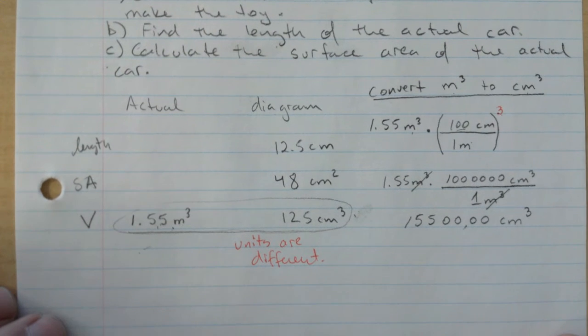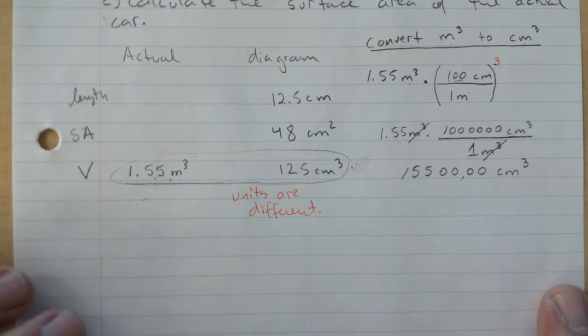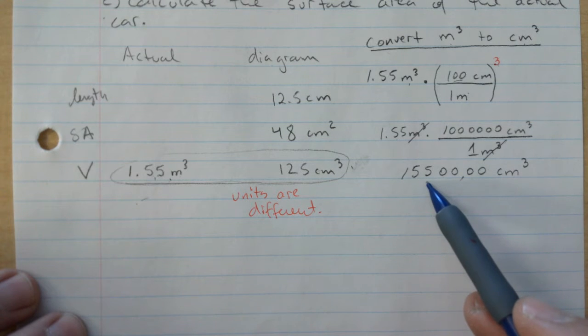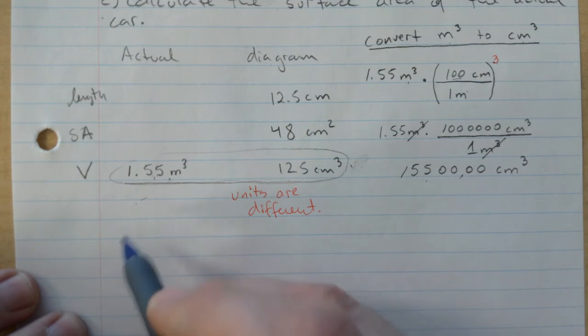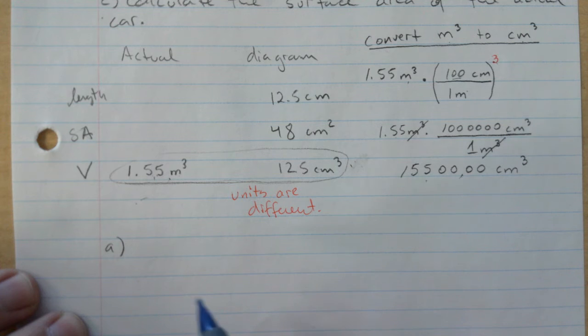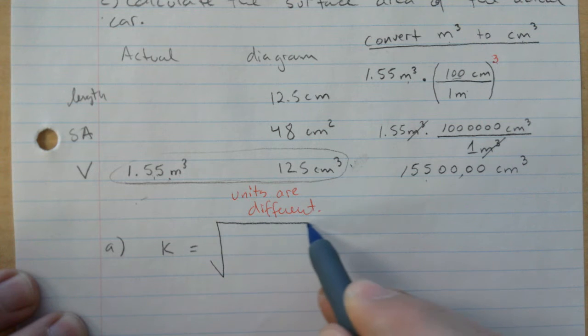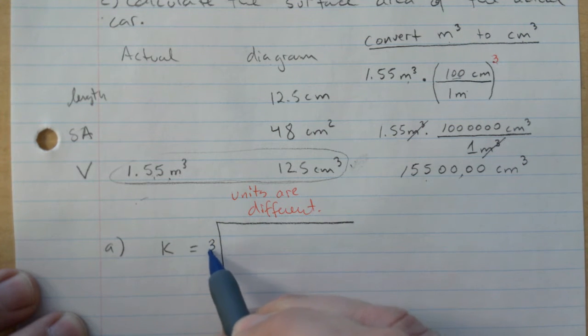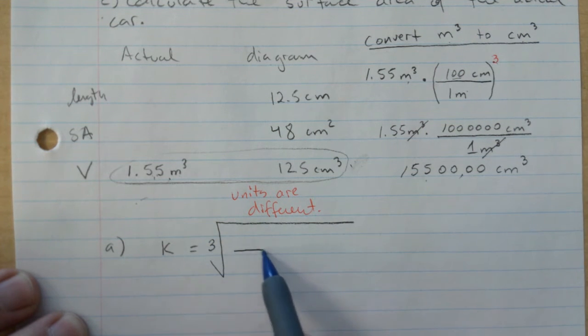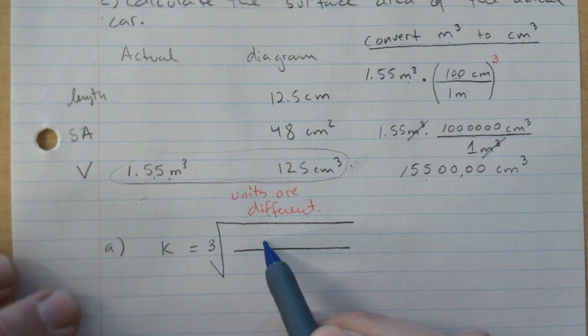Let me just go up a bit. So we needed to do this before we found the scale factor. So K is going to be the cube root, and I saw a lot of you do this, cube root of what? Volume of what goes on top?